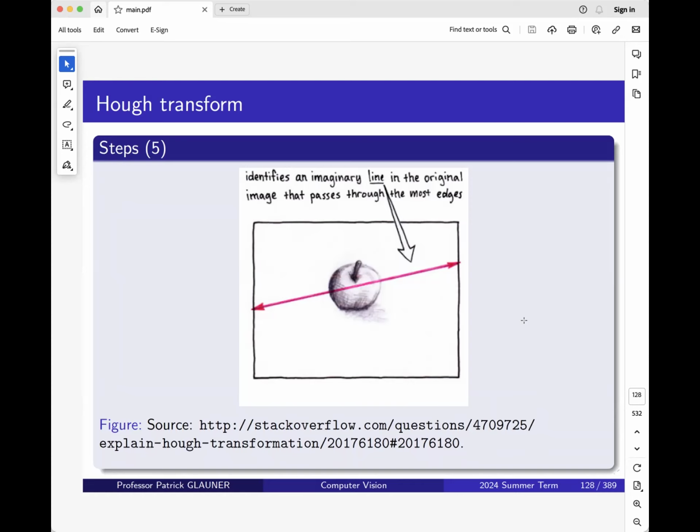I didn't see this in projects so far in this course. There were some students using the Hough transform, but they used an efficient library that implemented this. But maybe someone also wants to try this in projects this year and try to implement the Hough transform on your own and make it work on sufficiently interesting and complex data.